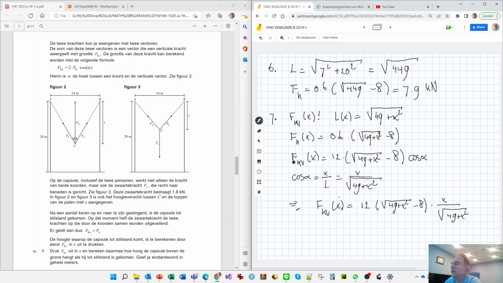And then now we need to set that equal to 0. So I need a little bit more space for that. So now we just say that this has to be equal to 1.8 kilonewton.